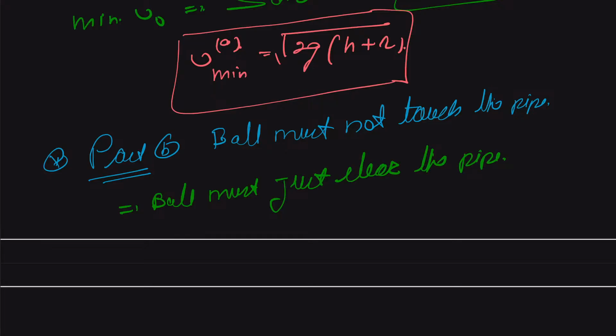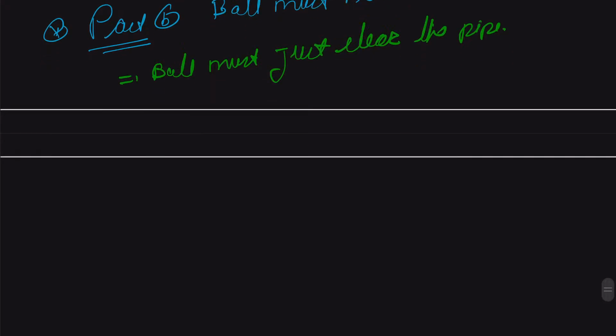For that we can just draw an approximate figure. Once again, we are only interested in this front cross section, and this is our center C, this is point P, and this is our height Y. Obviously, if we once again throw from directly below, it is going to touch the point P, which we don't want.